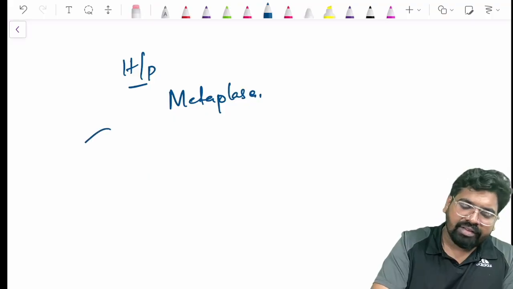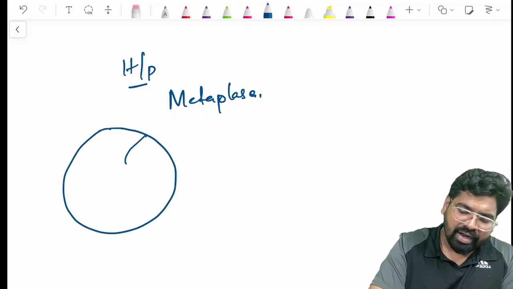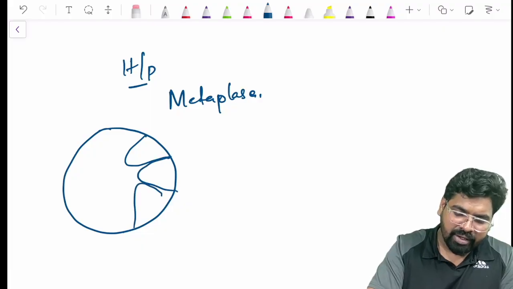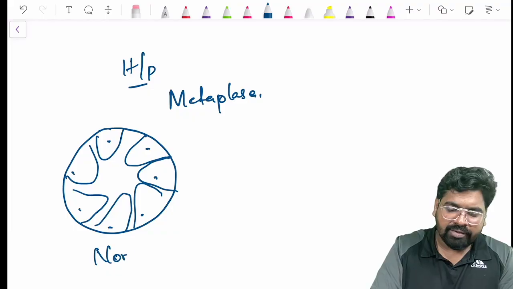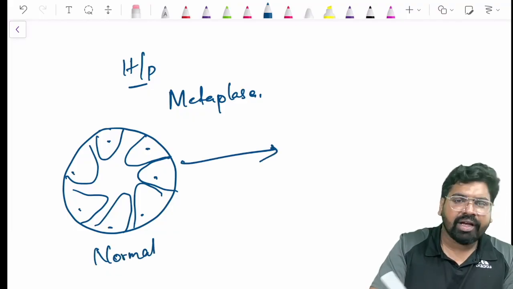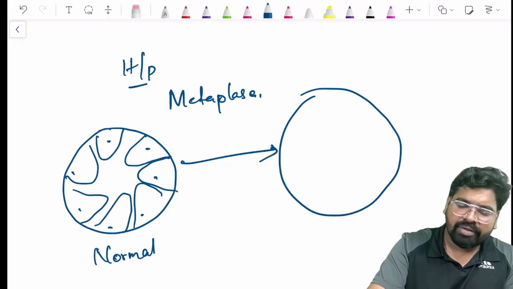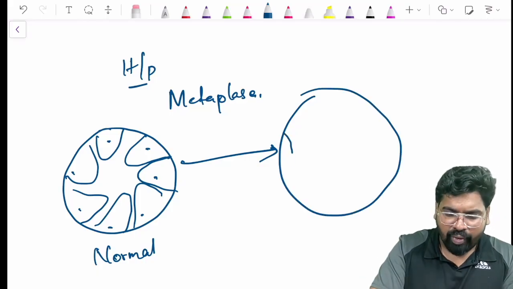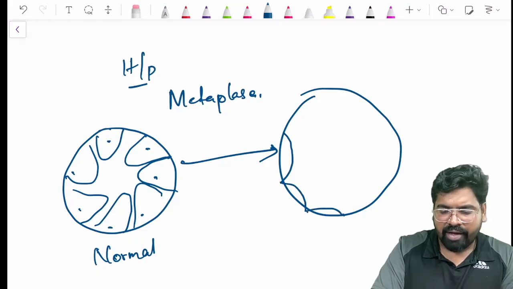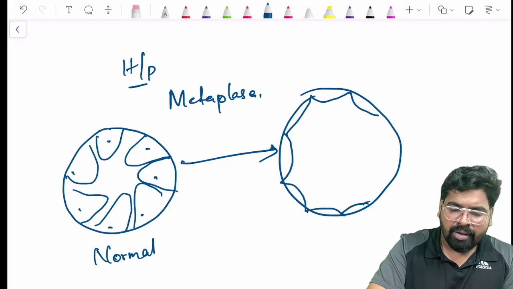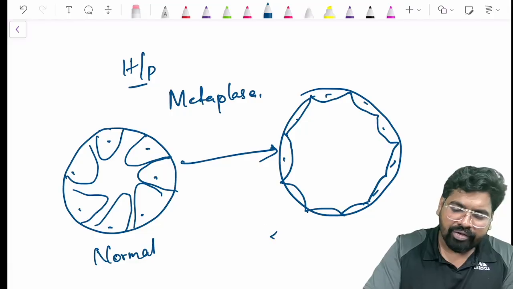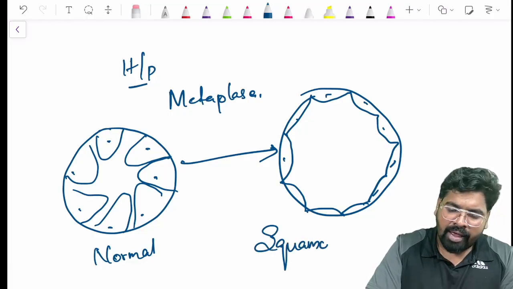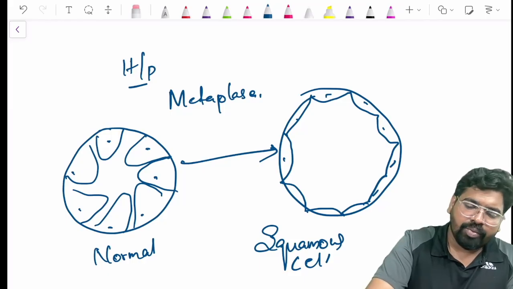This was the acini, a normal salivary gland with good acini. Now they have undergone metaplasia, and instead of mucous cells I have squamous cells, flat cells which are not secreting anything. In the center I can see so much keratin.